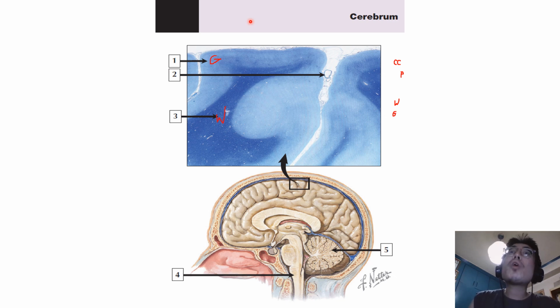The cerebral cortex is 1.5 to 4.5 millimeters thick. The outer gray matter consists mostly of nerve cell bodies, unmyelinated neuronal processes, and glial cells. Whereas the white matter below consists of tracts of myelinated nerve fibers and associated glia.